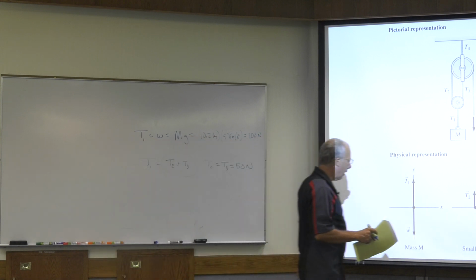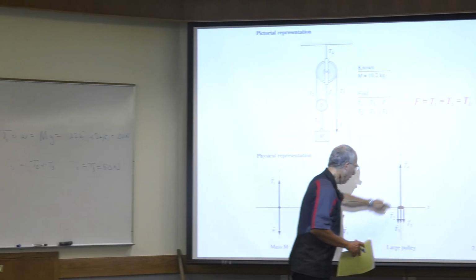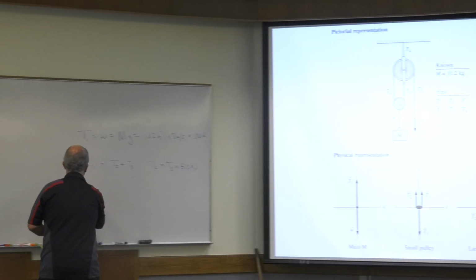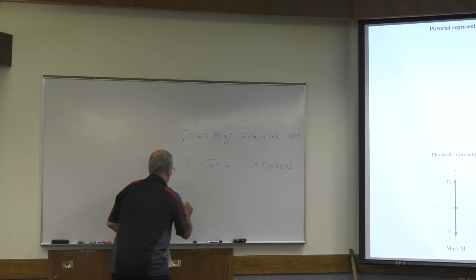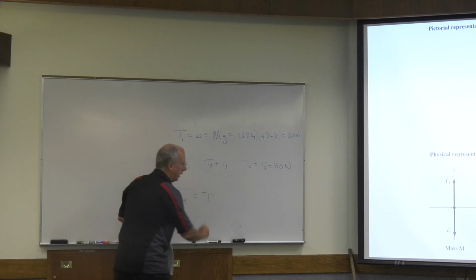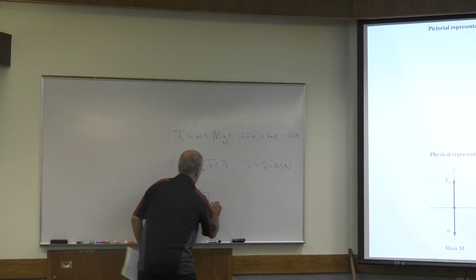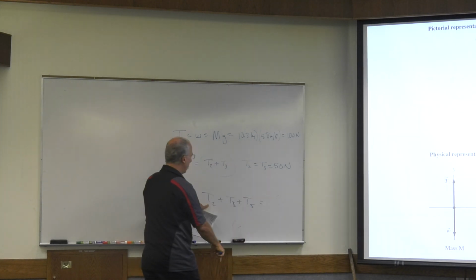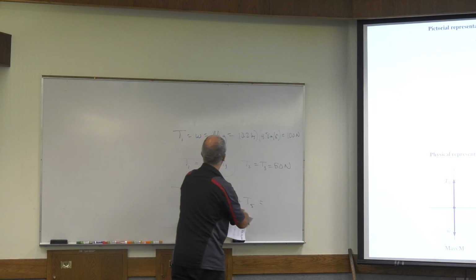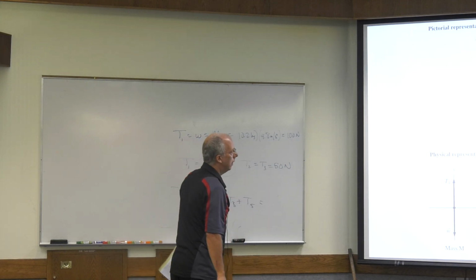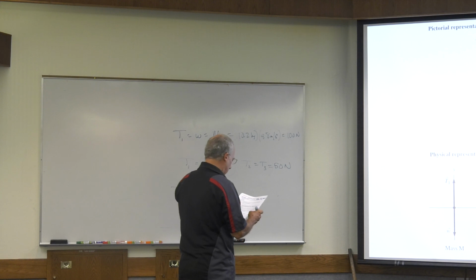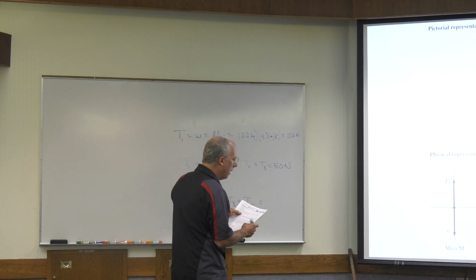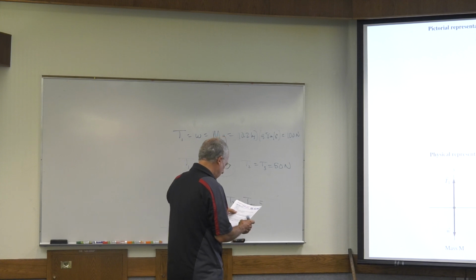And then over here, T4 has to equal T2, T3, and T5. Okay, T2 is 50, T3 is 50. Where'd T5 go? What?